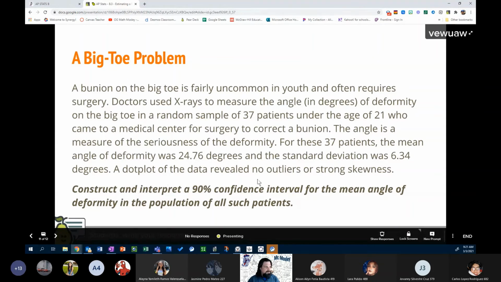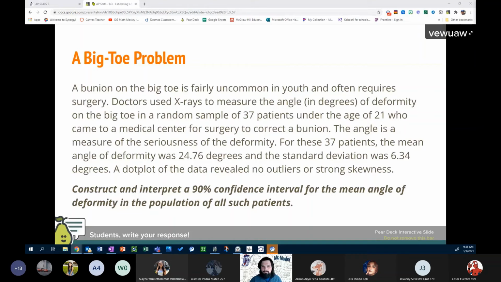A dot plot of the data revealed no outliers or strong skewness, which means we're okay to use our t-distribution. We want to construct and interpret a 90% confidence interval for the mean angle of deformity in the population of all such patients. Alrighty, we'll talk about this one in just a moment.